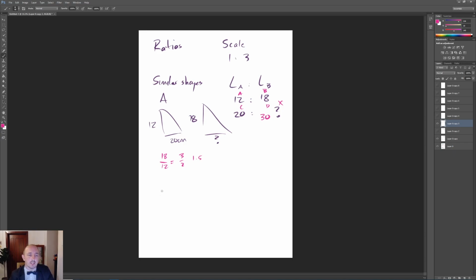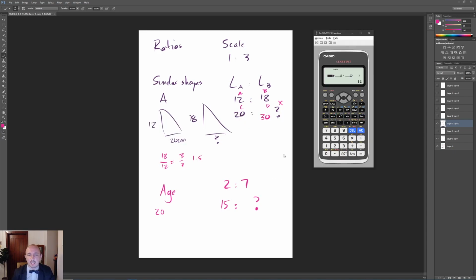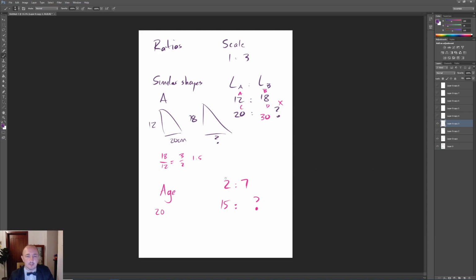Also, there was a question in the last one which was about age, and it said 3 years ago they were in a ratio of 2 to 7, and they're 20 now. How old is the other person, or something like that? So we had to do 15, and it was this. I think it was something like that. So in this case, this is A, B, C, and D. Let me just label that in case you can't see it very well.